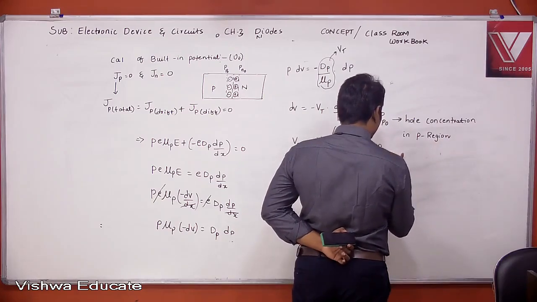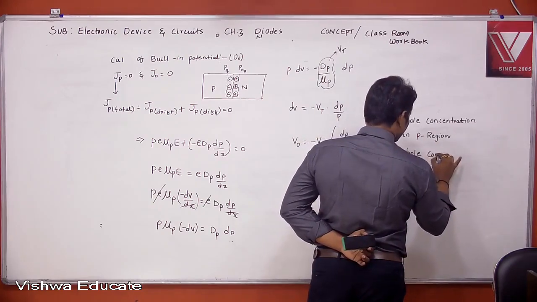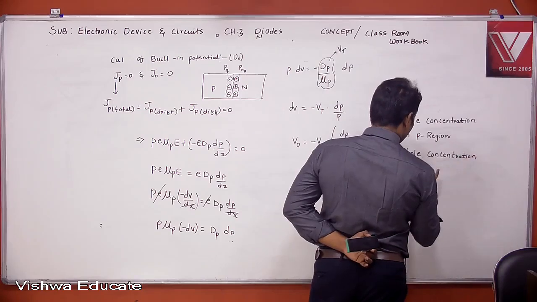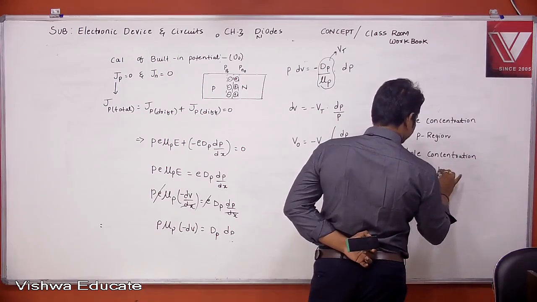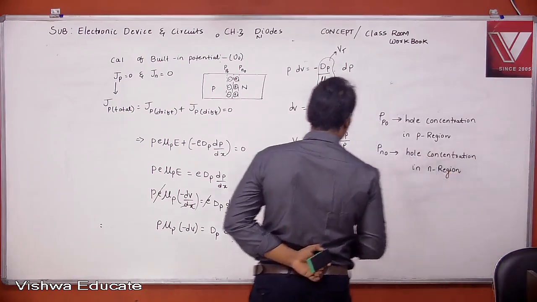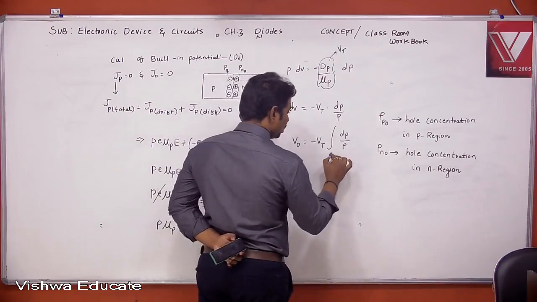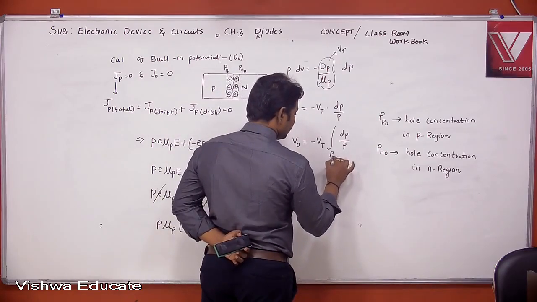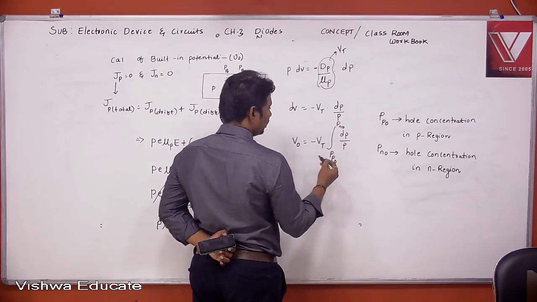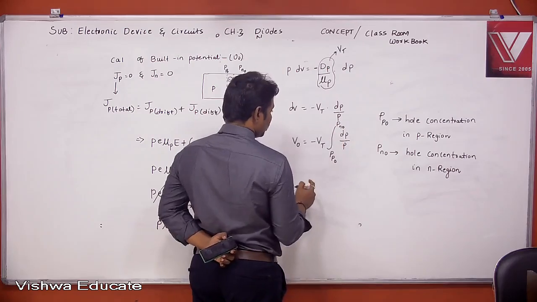And what about the PN0? Hole concentration in N region, right? Now this is PP0 and this is PN0, the limits, as the concentration varies from PP0 to PN0.